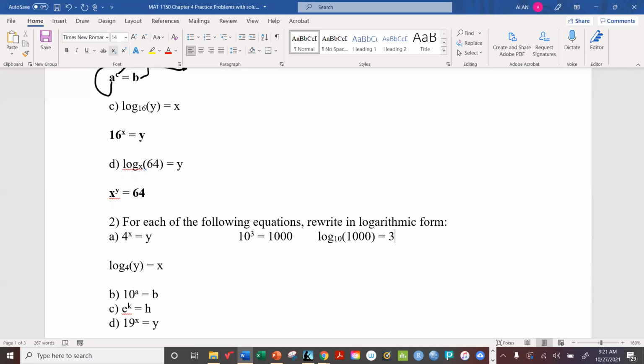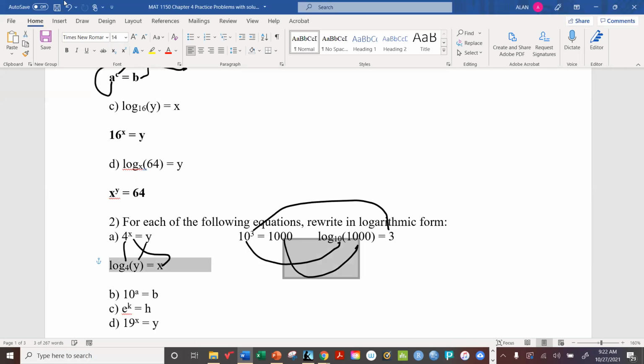Okay, so this is your base in the log, the 3 is your actual answer, and you're taking the log of y. And it's always the same. Okay.